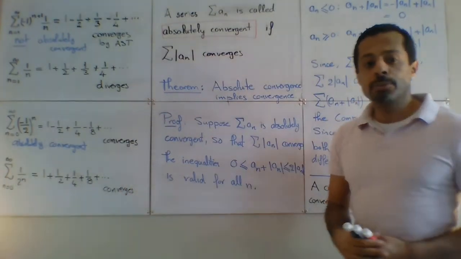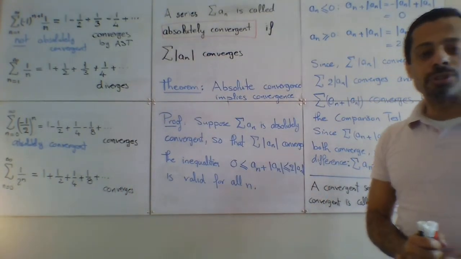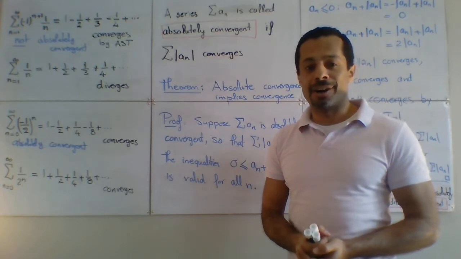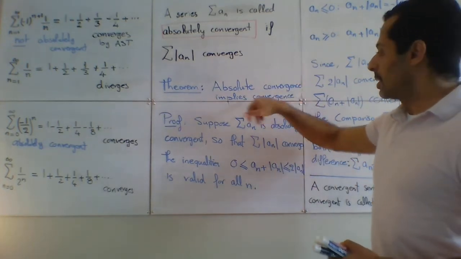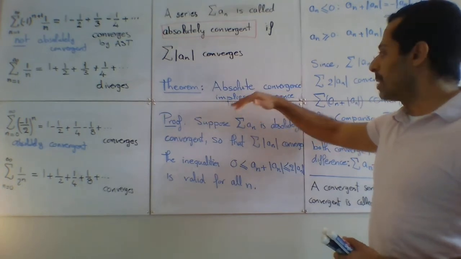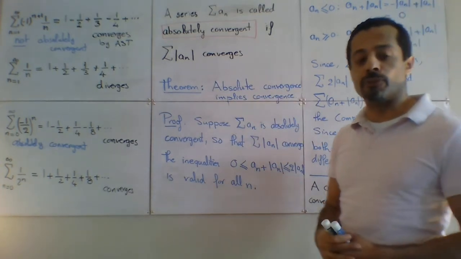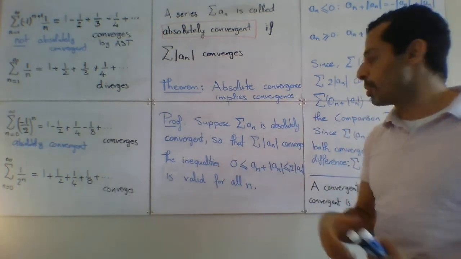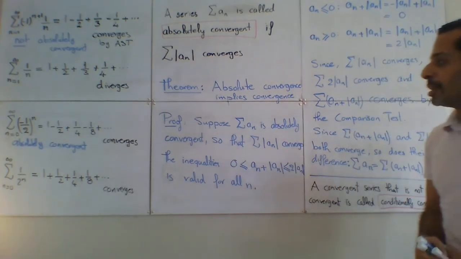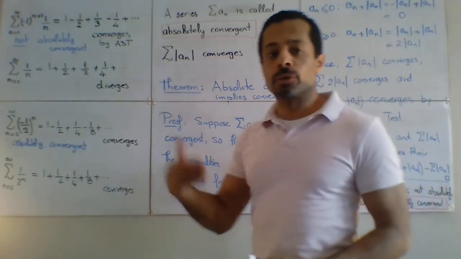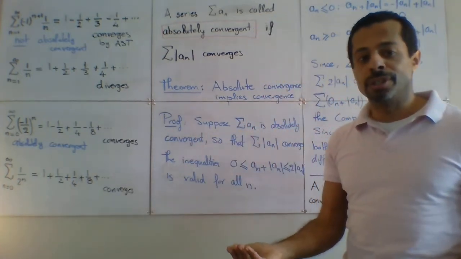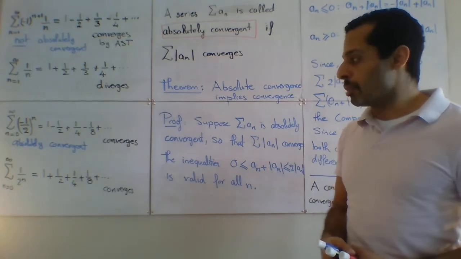Now, absolutely convergent series are very nice to work with because of this theorem: absolute convergence implies convergence. So absolute convergence is a stronger property than convergence. It means that if you know a series is absolutely convergent, you know automatically that it converges.